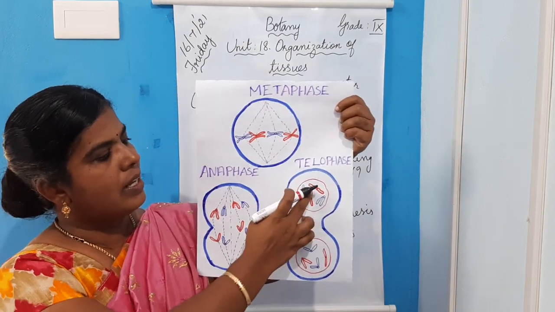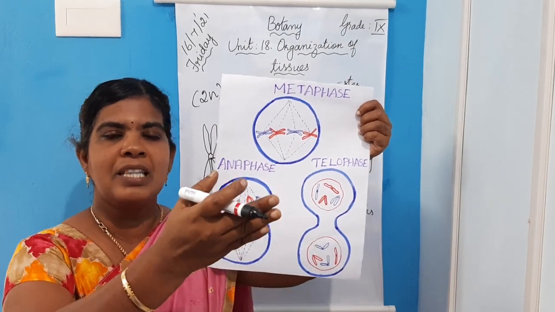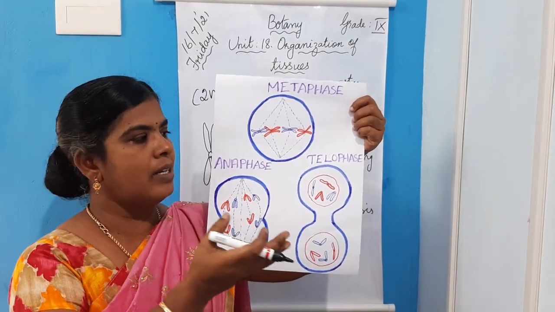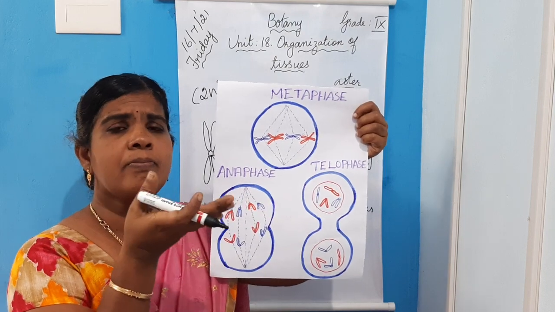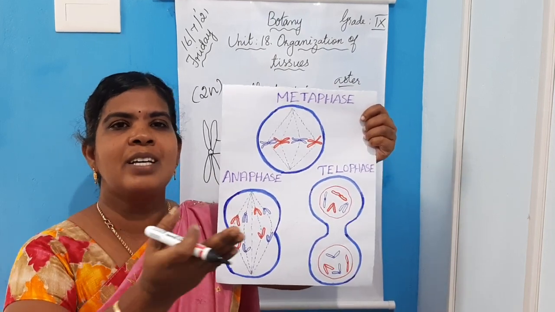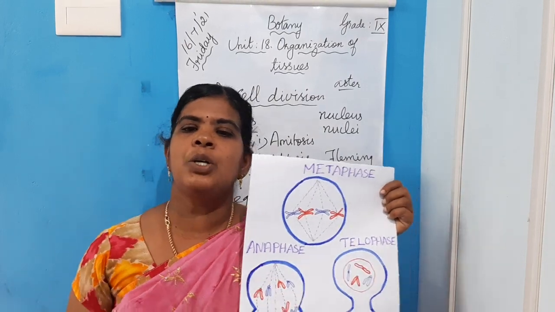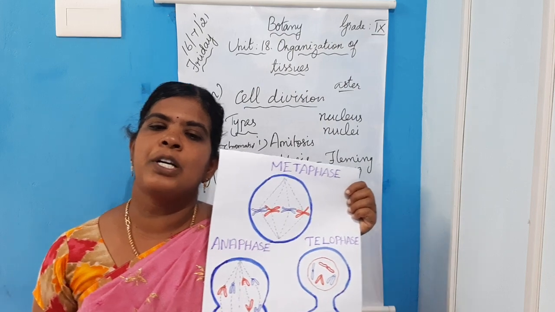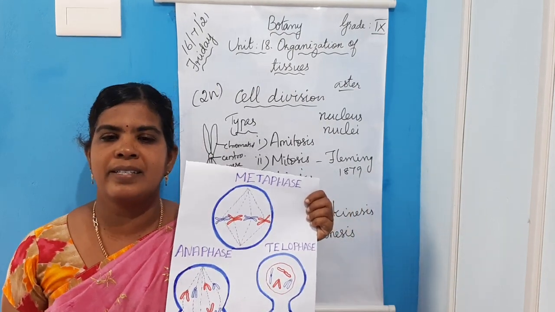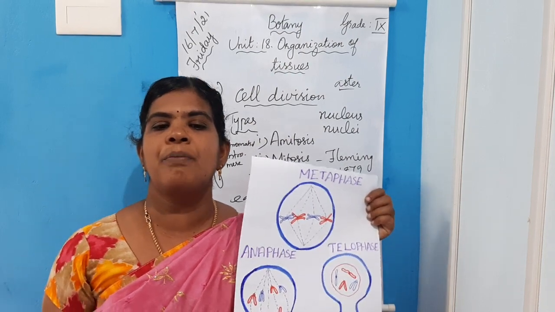By the division of cytoplasm and nucleus, the DNA, chromosomes and also genes are equally distributed to the daughter cells.